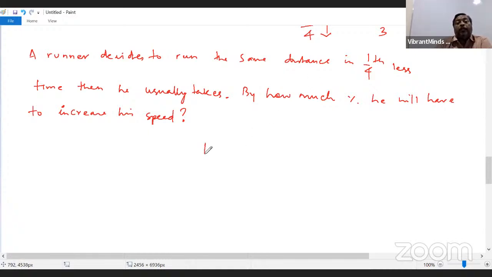Now see, a runner decides to run the same distance. Let's say this is the D distance, he is running with S speed in T time. Same distance in 1/4 less time. So 1/4 less time is what? Can I say T minus 1/4 T, or T/4? So this will be your 3T/4.